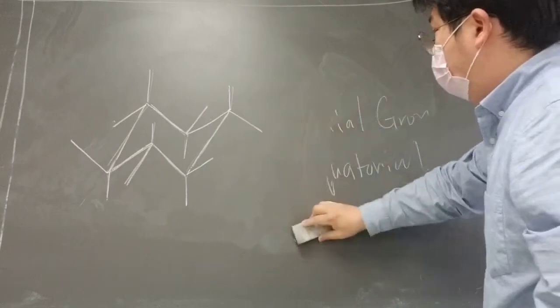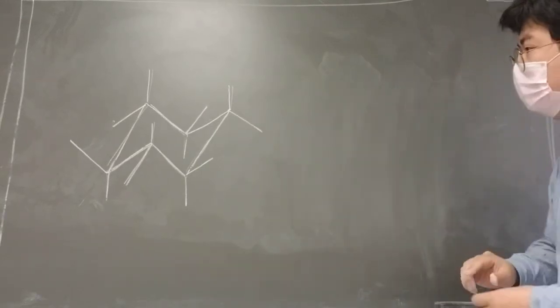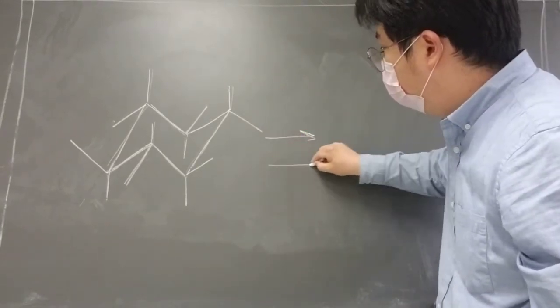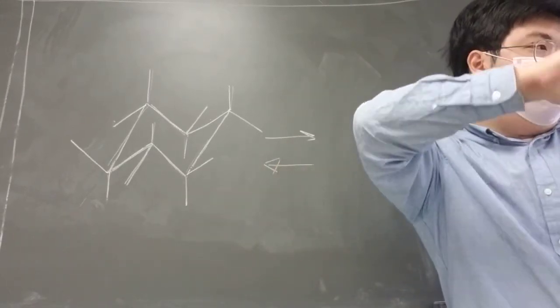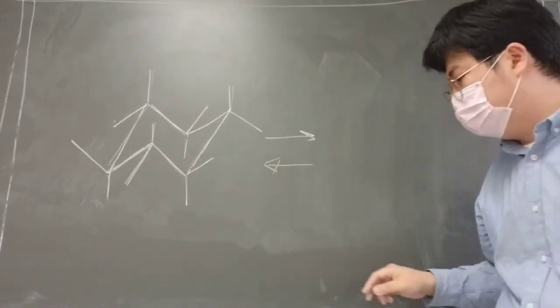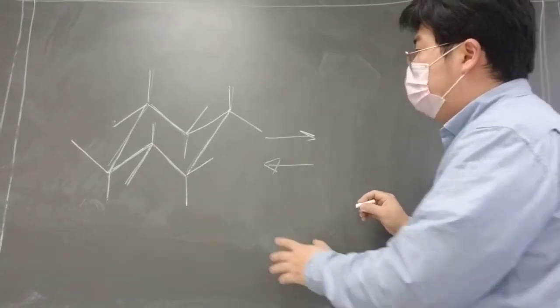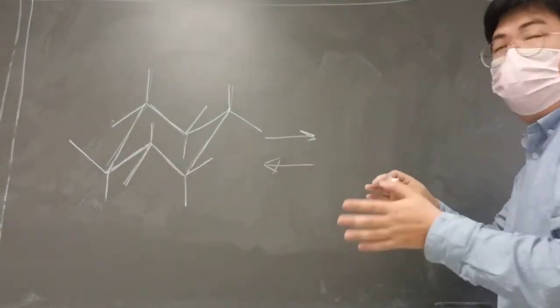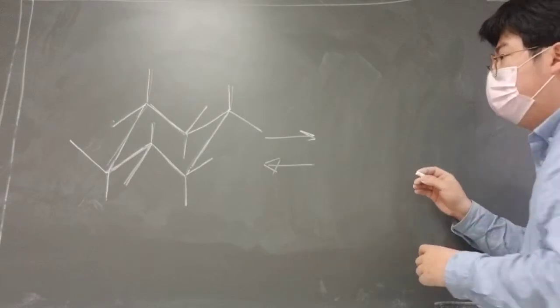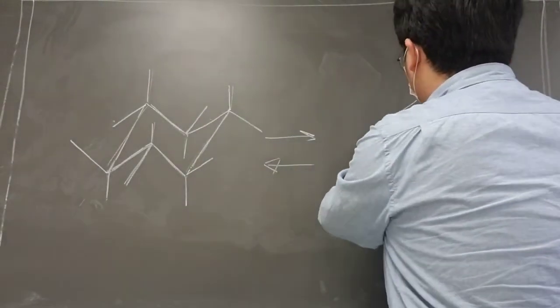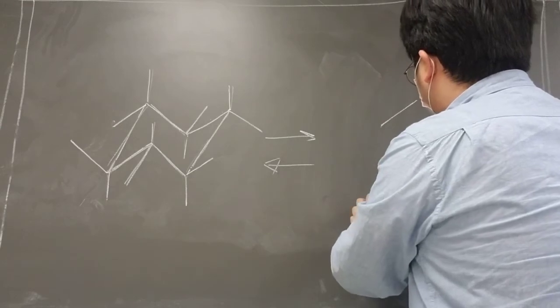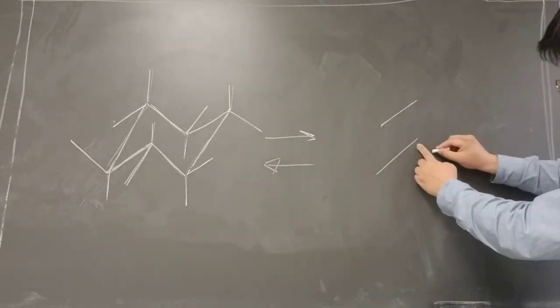Obviously, like I said, they can always change by rotation. The other way they can change is by going up and down. So we're going to do another chair. I'm going to do the same here and here.